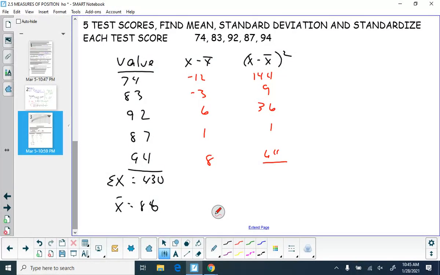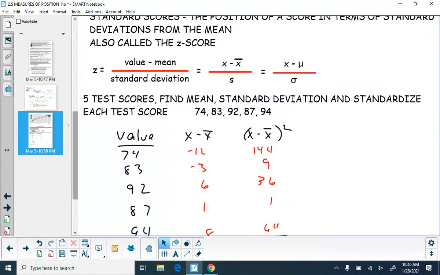So we have 256. No. Yeah, 254. Okay, we find our standard deviation, and then we calculate the z-score on that.